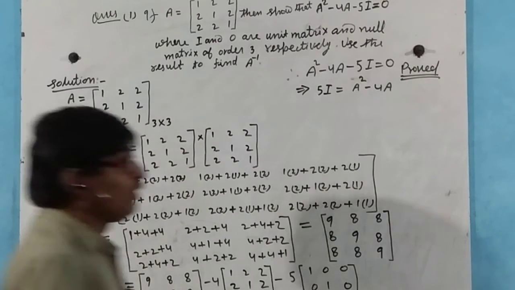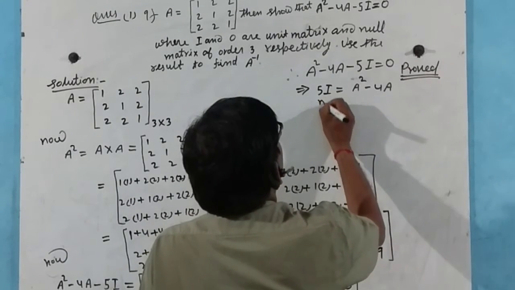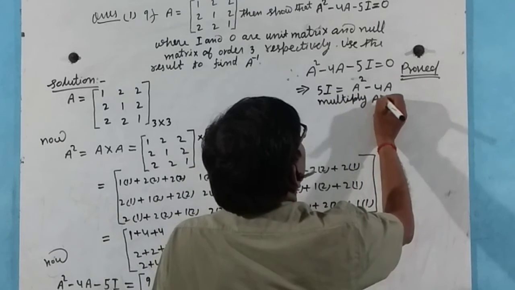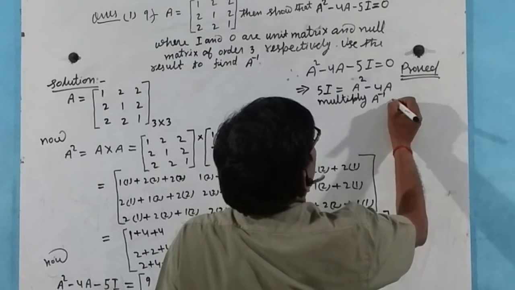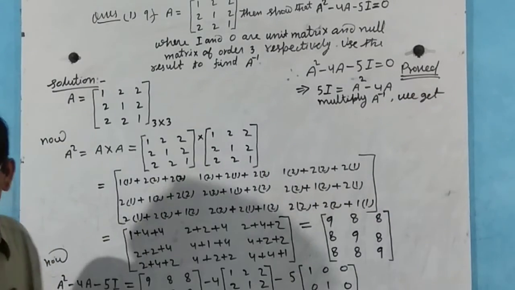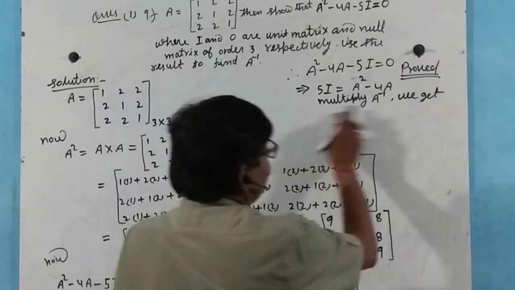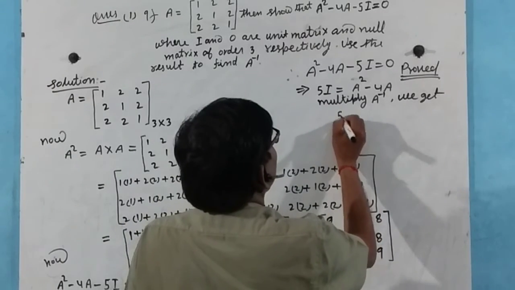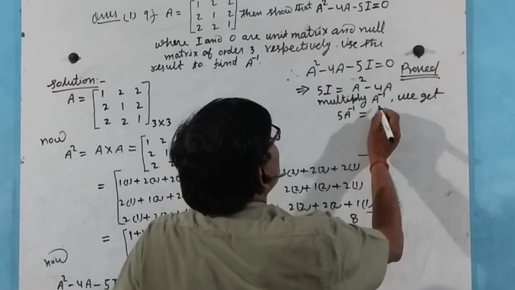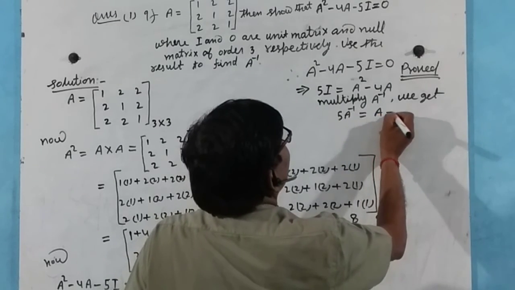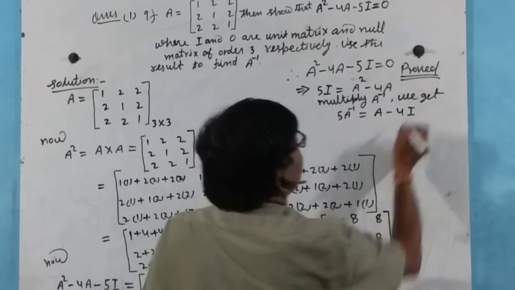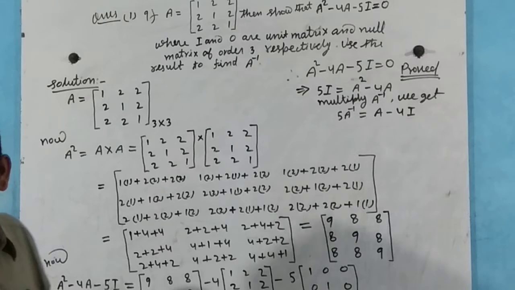Multiply by A inverse on both sides, we get 5 A inverse equal to A minus 4I. This is 4I.